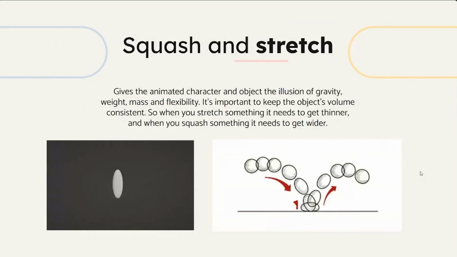So squash and stretch is the first one. I think a lot of you might already know this. Maybe you don't know the name, but you know how it is when you want something bouncy and flexible. We usually use this to add flexibility and gravity and weight to something.